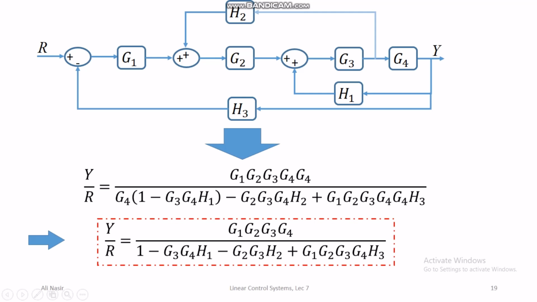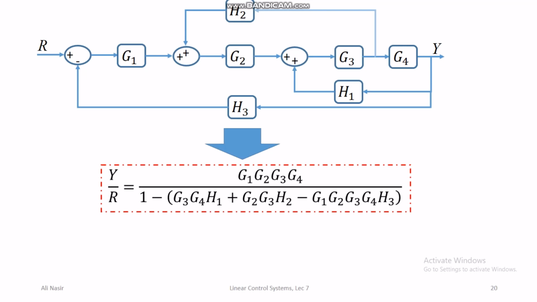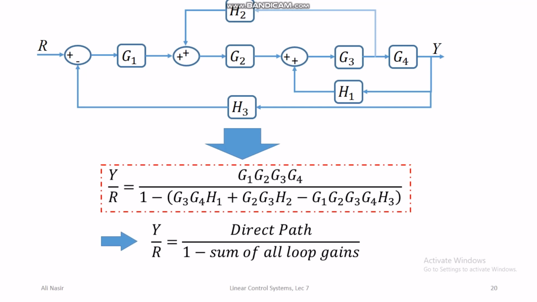So if we try to make something out of this exercise, it looks like the transfer function of the whole block diagram is something like the direct path divided by 1 minus the sum of all loop gains.